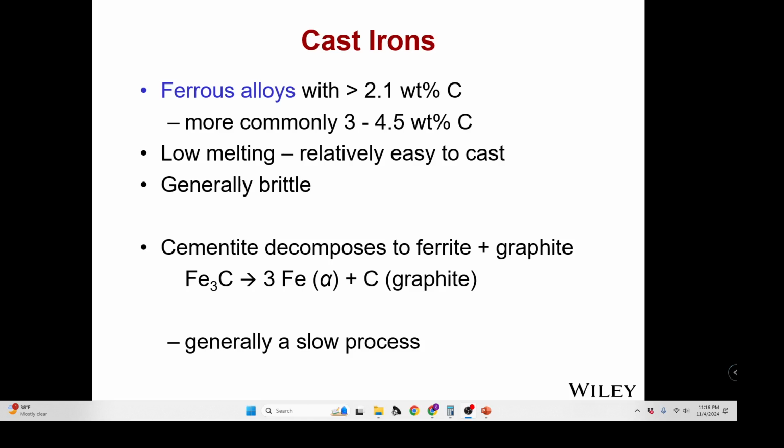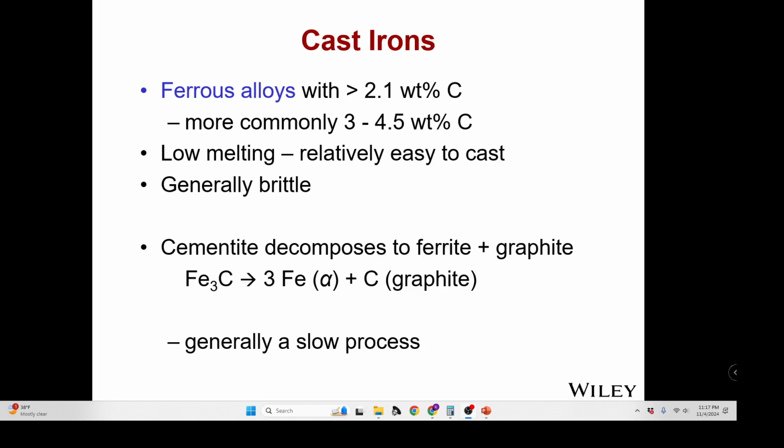So a lot of big heavy tooling, a lot of big heavy equipment, sometimes presses of different varieties, some anvils, vices, and a lot of the tools filling up Harbor Freight. There's a lot of cast irons in there.